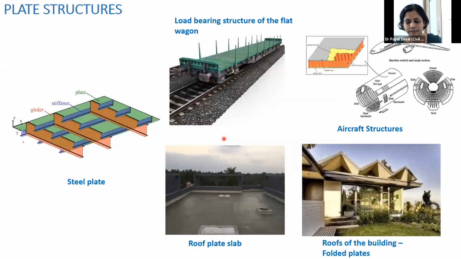There are many other areas such as aerospace engineering and mechanical engineering, where this kind of plate is seen as one of the structural members. So this picture and the slide show the railway wagon where you can see the flat steel deck, which can be considered as a plate because it has to be designed for the load bearing purpose.